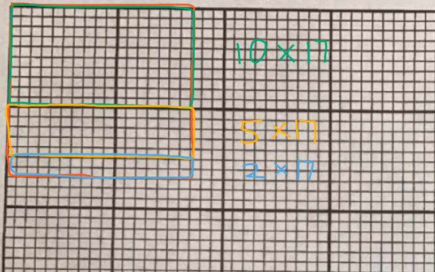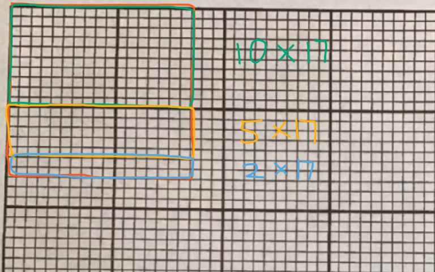So here I've now broken up 17 groups of 17 into first 10 groups and 5 groups and 2 groups. Or I'll restate that. I've got 17 rows of 17, and I've broken it into 10 green rows of 17 first. Then I'll solve 5 yellow rows of 17, and then I'll solve 2 light blue rows of 17.